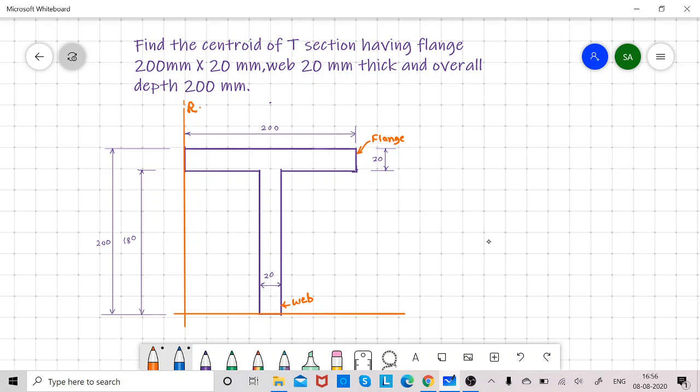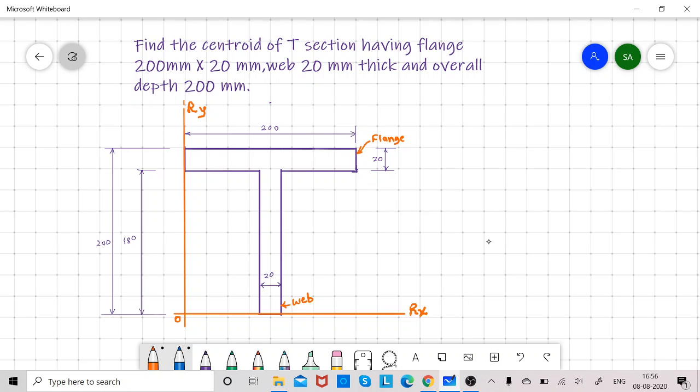Let us consider this as reference y and this is reference x. So these are the two axes. We can call this the origin. So the given T section is in the first quadrant.